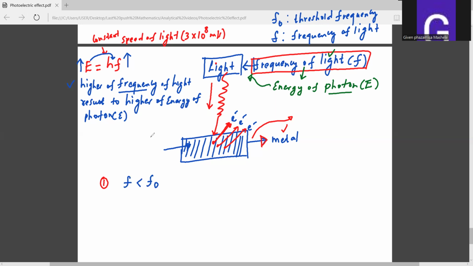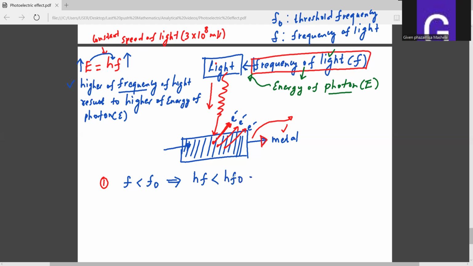What does this mean? It means that if the frequency of the light is less than the cutoff, can we multiply both by Planck's constant? This will give us hf less than hf naught.